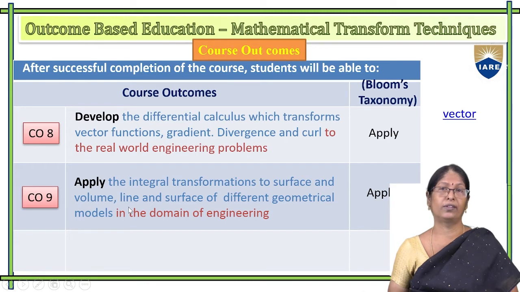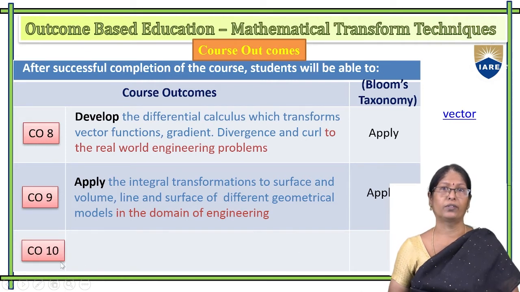To find that, how the line integral and the surface integral help us, everything is framed in CO9. So up to 3 Bloom's levels, satisfying questions are framed.